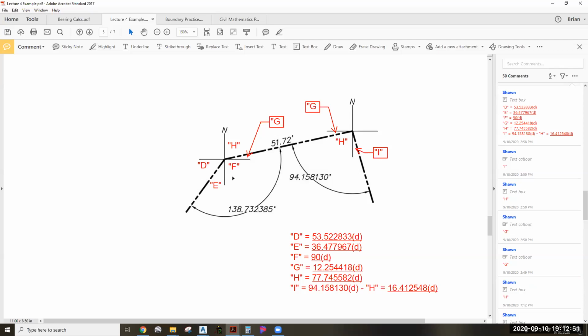So we've defined all these guys from the previous slide. Okay. H is opposite. There's an opposite angle, so those are equal. G is opposite, so those are equal. Okay.